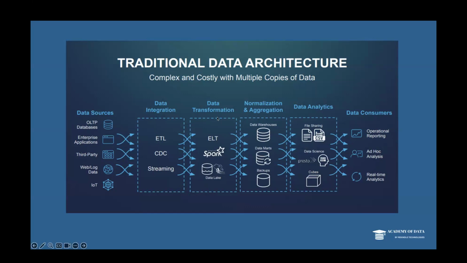Then you build your data transformation, which is in ETL, Spark, or data lakes. You create your normalization or aggregation layer in your data warehouses, data marts, maybe some backups. Data analytics, finally, you build. So it's a left to right architecture. Data comes in from your left hand side, and finally you build your analytics and deliver it to your consumers on the right hand side.